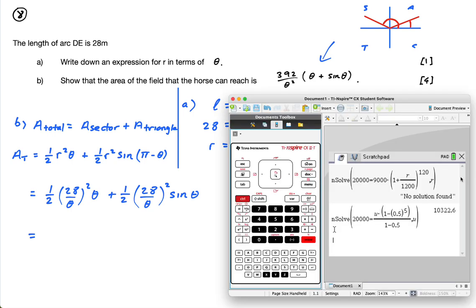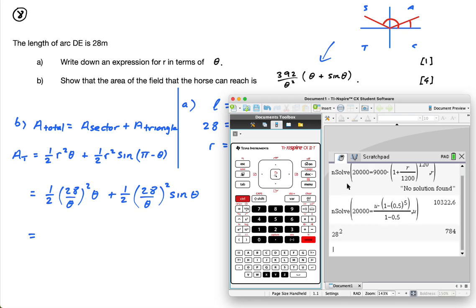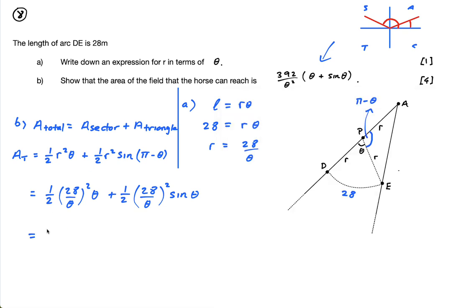I need to do 28 squared. 28 squared is 784. So it's a half times 784 over theta squared, because I have to square the top and the bottom, times theta, plus a half, same thing, 784 over theta squared times sine theta. Nearly finished. What is half of 784? It's 392, which I want here.